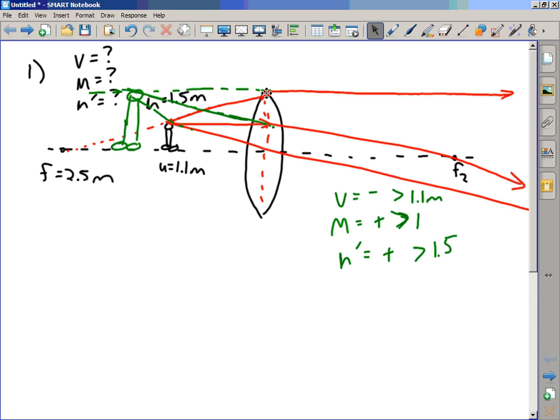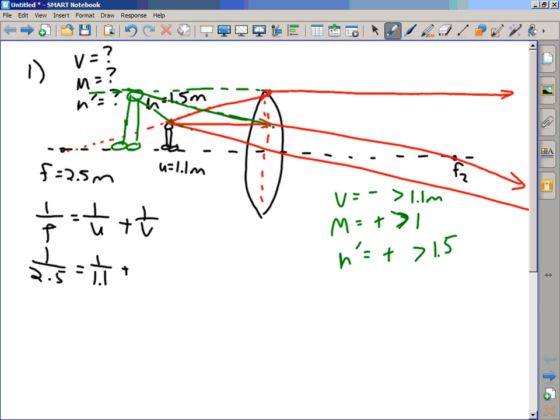Now, to do the math, what do I want to start out with? What is the name of this equation? The thin lens equation. Good. 1 over f equals 1 over u plus 1 over v. I'm not going to do too much here. I'm just going to plug it in and then let you tell me the answer.